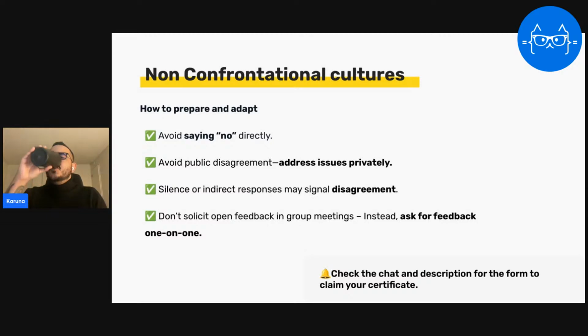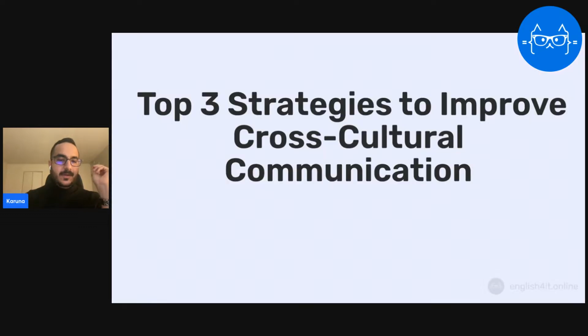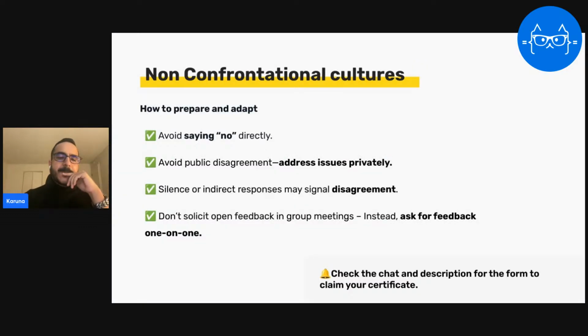So feedback in group meetings may not be the most effective way of getting feedback in cultures that are more non-confrontational, right? And even feedback one-on-one, if you're in a position of authority, right?